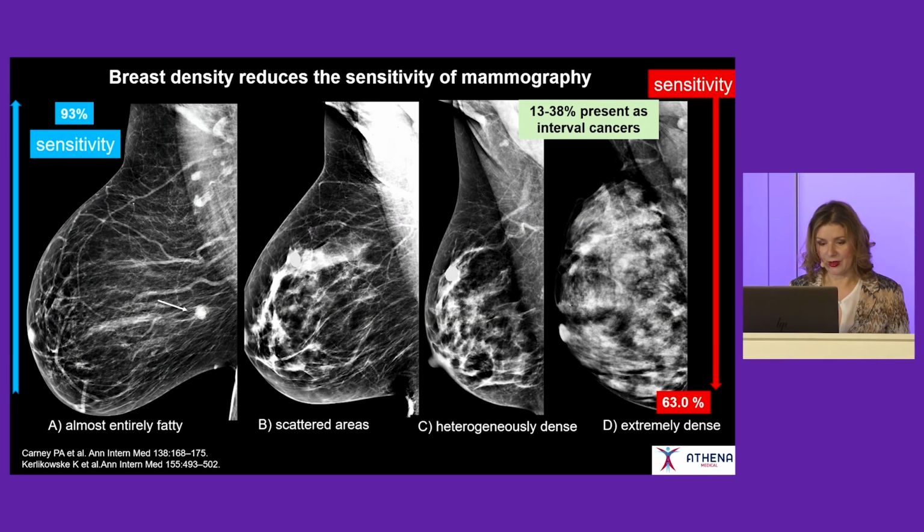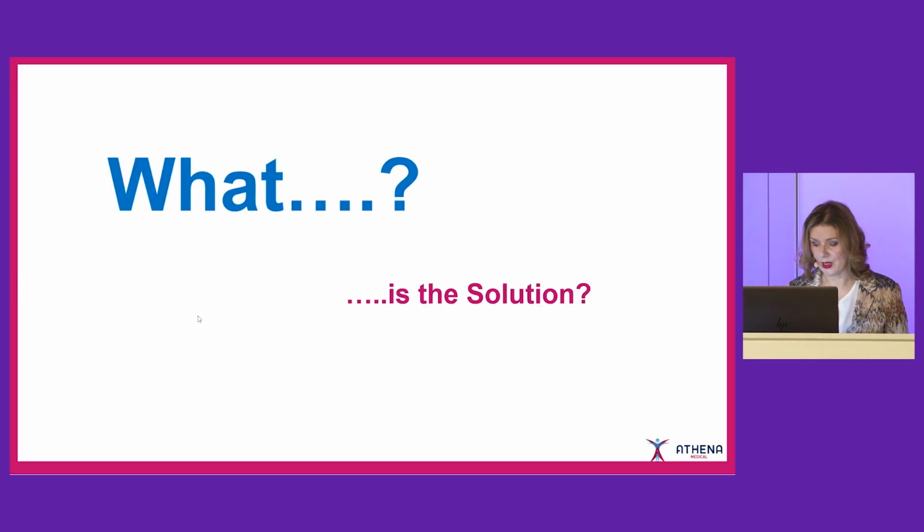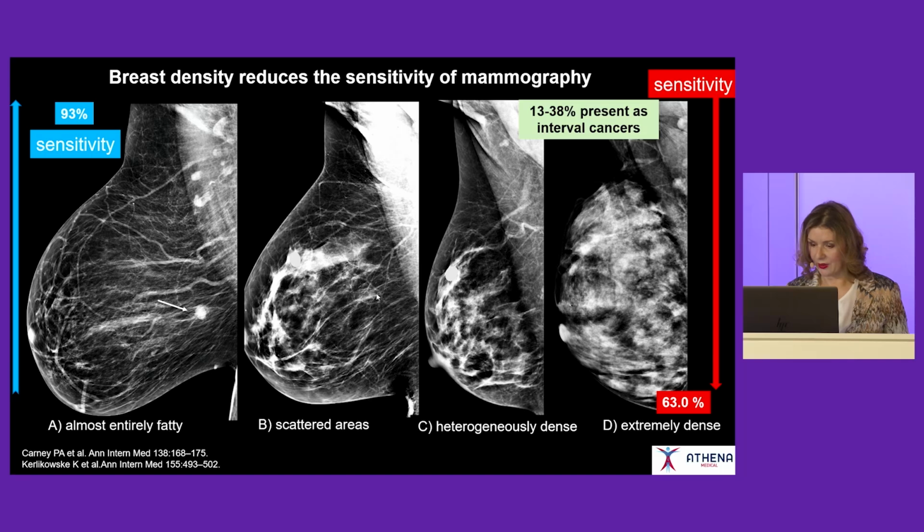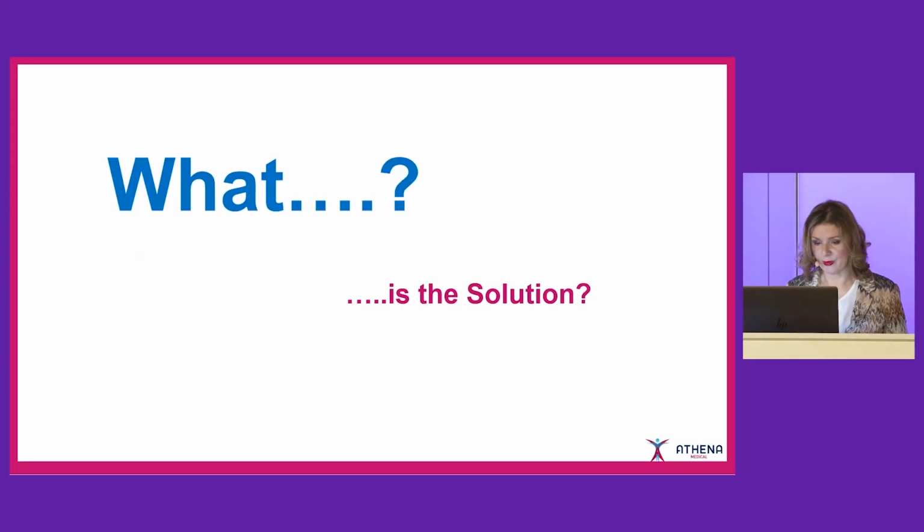And you can see here on the left the mammogram where it is obvious, even a non-radiologist can see the tumor mass here. However, the denser the breast, the higher the risk of having an interval cancer. Like cancer is hidden in this area, it is not associated with microcalcifications, therefore it is missed.